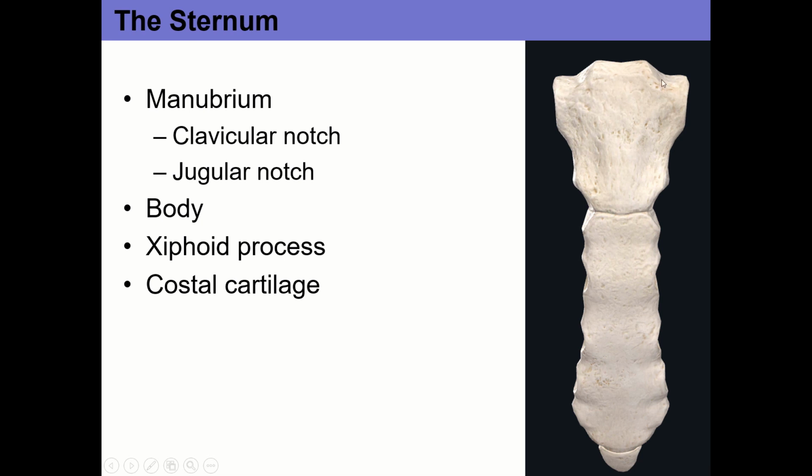Thinking all the way back to the beginning of the class when we talked about the sternoclavicular or SC joints, here's your right SC joint. The clavicle would be sitting right here, and that would form your right SC joint. So that's your clavicular notch on the right side, clavicular notch on the left, and the one in the middle is your jugular notch. That one's the jugular notch right there.